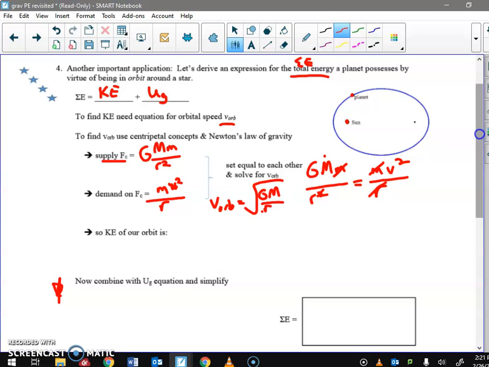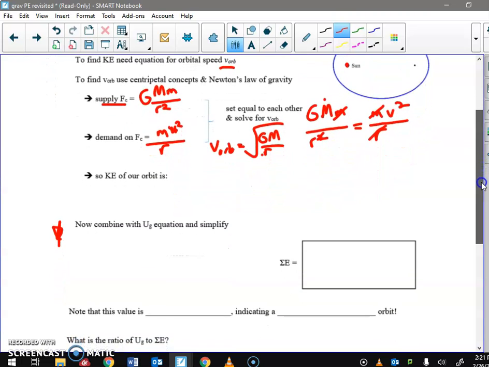r. Okay, so if I want to calculate the kinetic energy a planet has, I can use 1/2 mv squared. So that's going to be 1/2 m v orbital squared. Now I'm just going to put in my new equation for v orbital, and I have 1/2 m, and then this whole radical thing squared is GM over r.